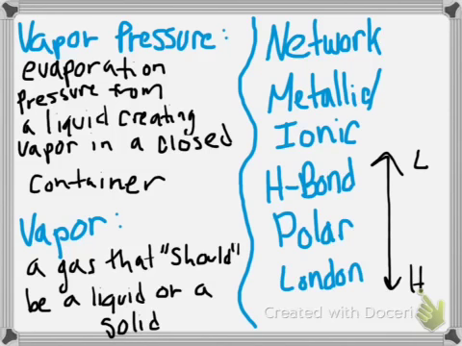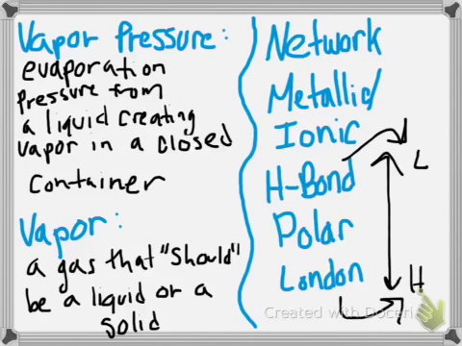Alright, and our next one is vapor pressure, which kind of throws us all for a loop, because you can see over here, up top by our H bond is actually where it's lowest, and down here by our London is where it's highest. But let's back up a second and define it. Vapor pressure is evaporation pressure from a liquid creating vapor in a closed container.